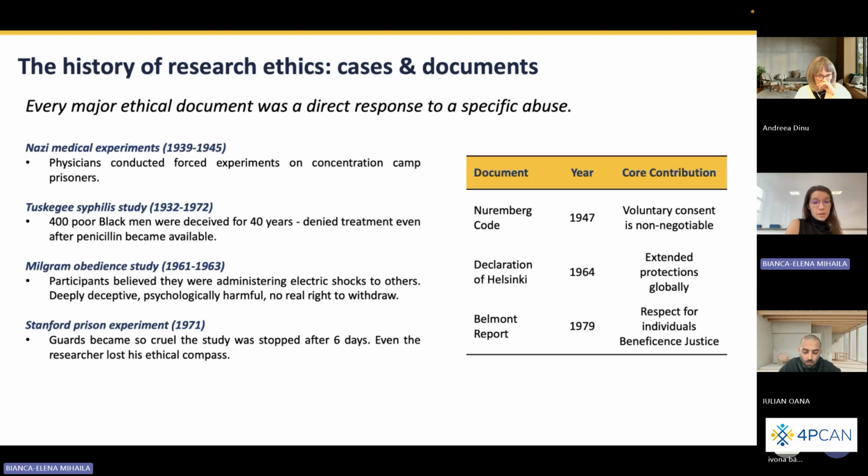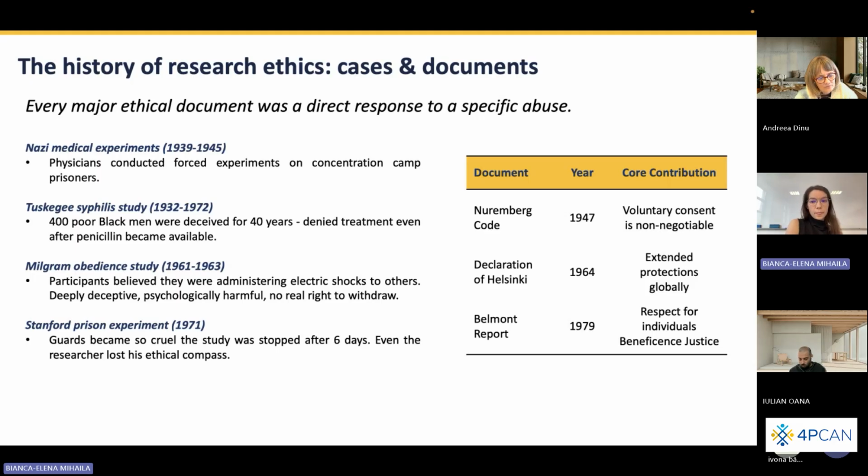In the United States, there is a very well-known study called the Tuskegee syphilis study that ran for 40 years, where hundreds of poor Black men were told they were receiving treatment for bad blood, but in reality the researchers were trying to study untreated syphilis and deliberately withheld penicillin even after it became available.